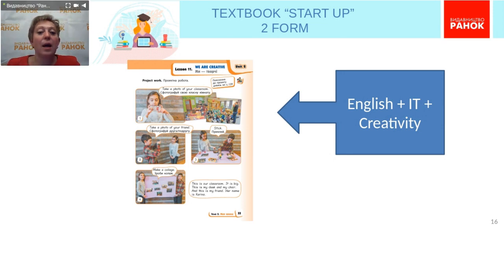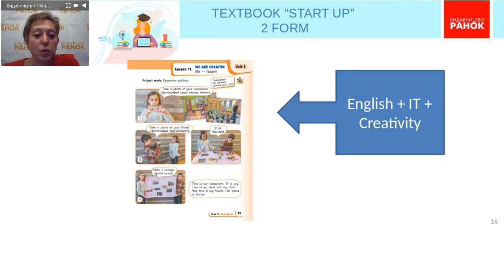Well, every unit contains the page which is called We Are Creative. This page is a good support for project work. Here you can see different ideas and tasks, and you can develop creativity while doing project works. Such an example of a project work allows pupils to use mobile phones or maybe other gadgets.